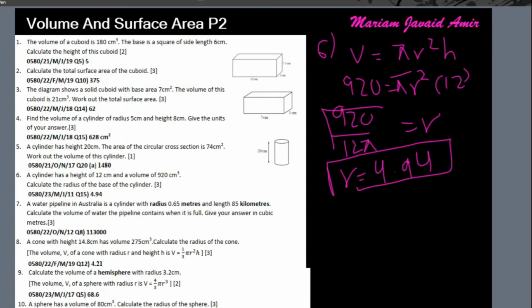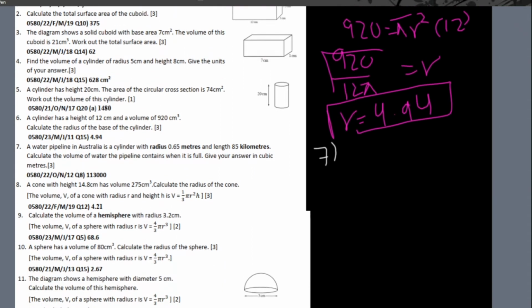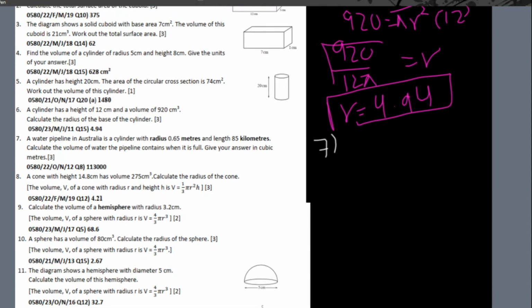Part 7. A water pipeline in Australia is a cylinder with radius 0.65 meters and length 85 kilometers. Calculate the volume of water the pipeline contains when it is full. Give your answer in cubic meters. Alright, so there's a unit conflict in the question.